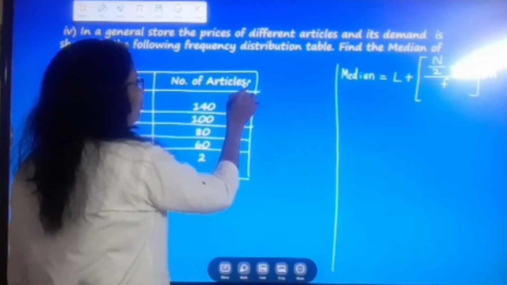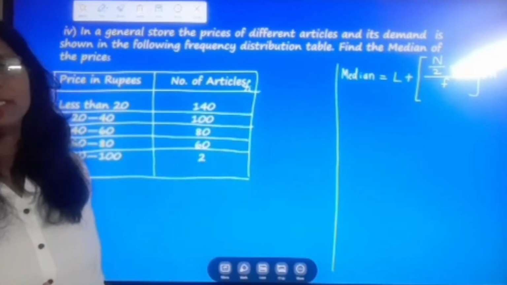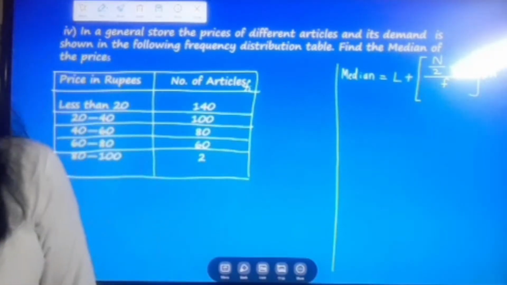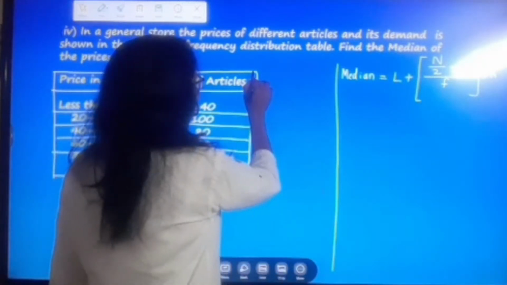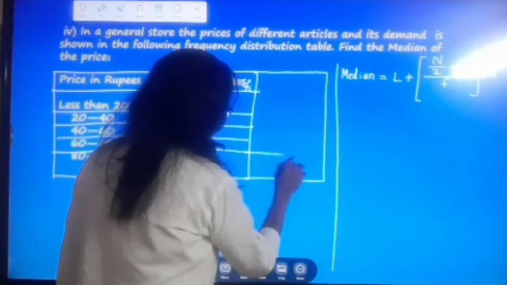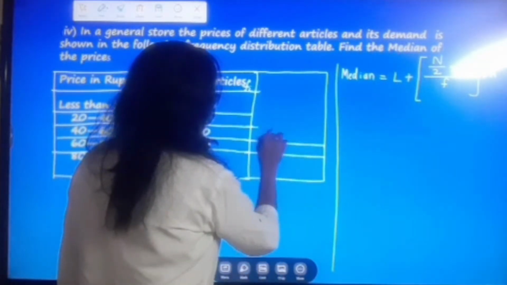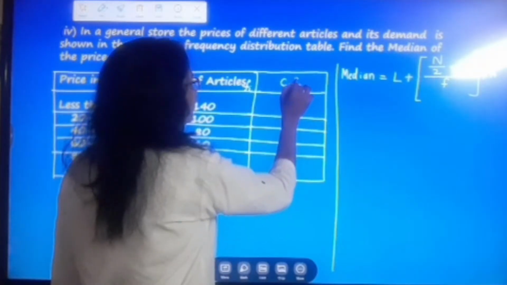So we write down here Fi, and we want the cumulative frequency of the less than type. So here I write down the third column, Cf.